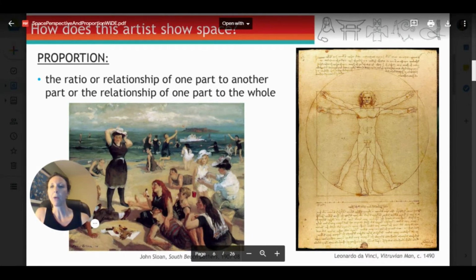If we think about proportion, it is the ratio or relationship of one part to another part, or the relationship of one part to the whole. So this is a very famous image that you've probably seen before by Leonardo da Vinci here on the right side. It is called Vitruvian Man, and it was created in 1490.